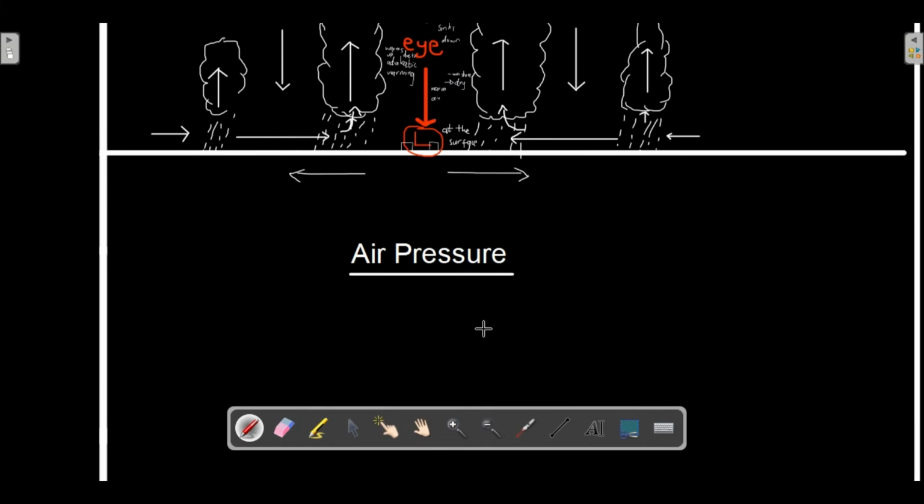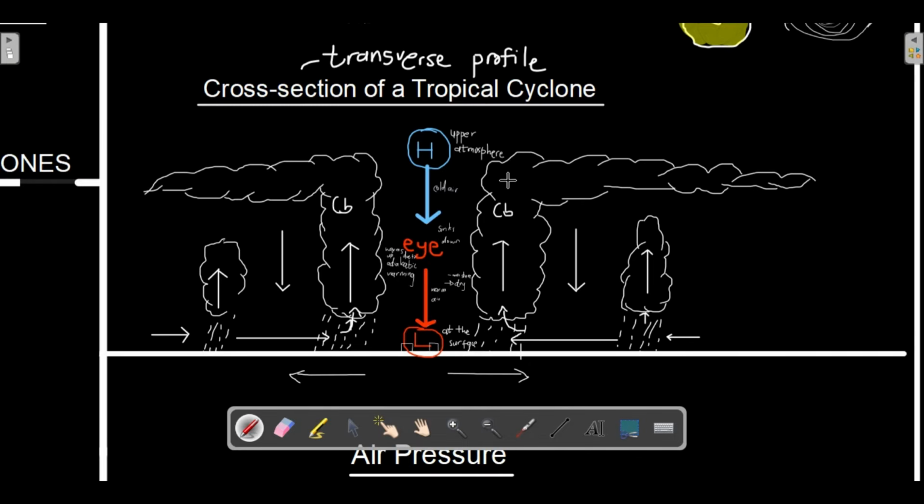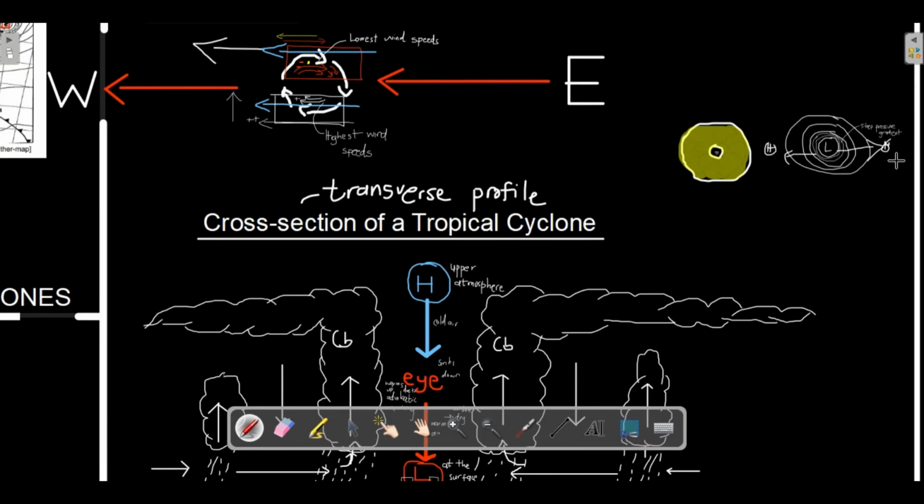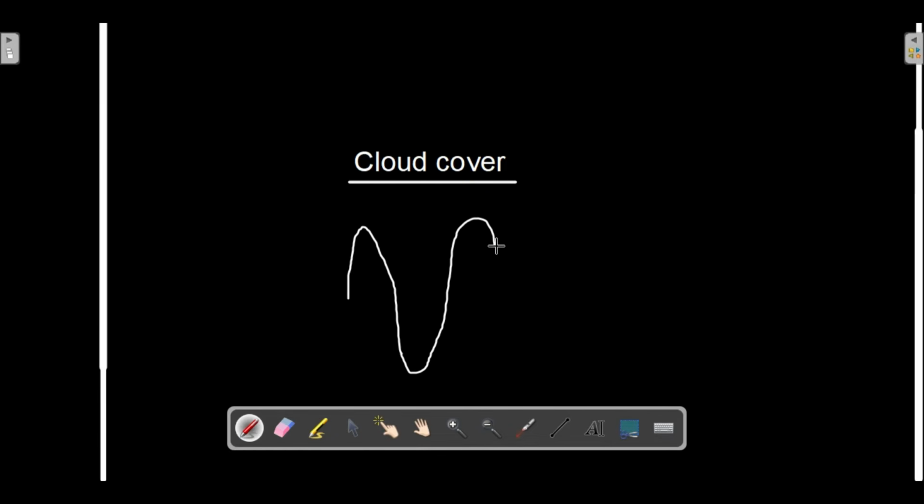Then it drops as you move away from the eye, because the pressure gradient gets gentler and gentler, so air rises up gently and slowly.